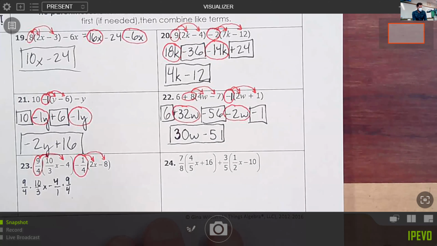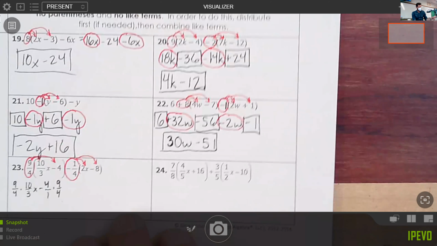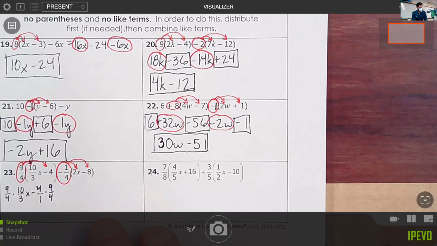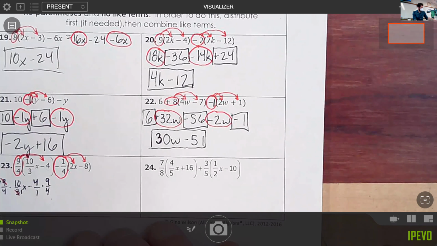How do I want to do this? Tell you what, let's simplify this first, and then we'll do this other one. So I'm going to do some cross canceling here. 3 cancels out and becomes a 1. 9 cancels out and becomes a 3. 3 divided by 3 is 1. 9 divided by 3 is 3.